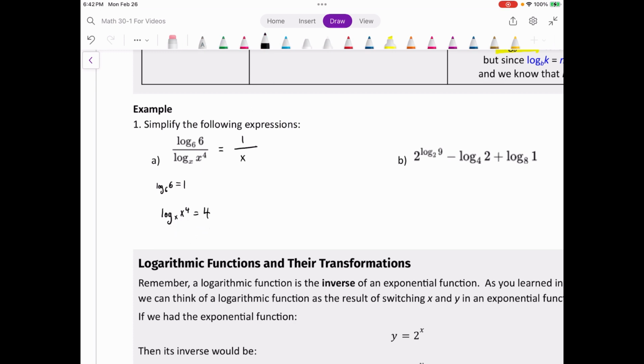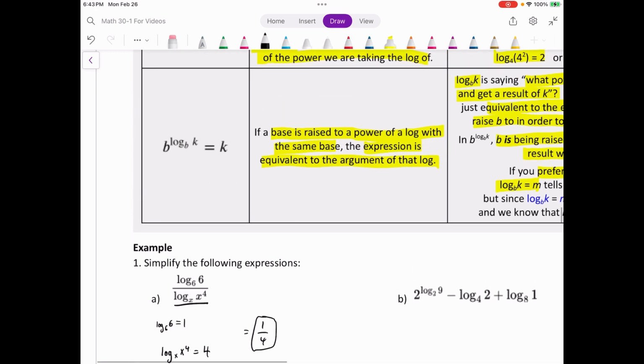So log base x of x to the 4th is just 4. Log base 6 of 6 is just 1. So this whole thing simplifies to 1 over 4, or 1/4. So it just has a numerical value, 1 over 4, 0.25, right?